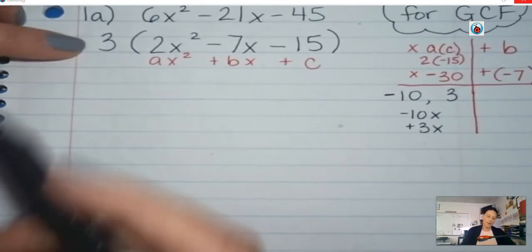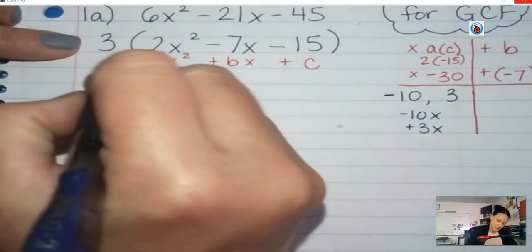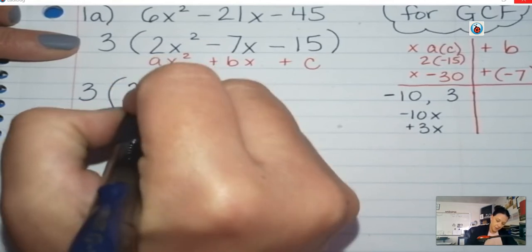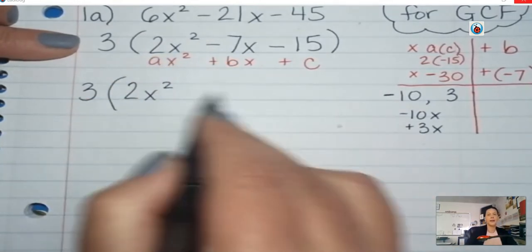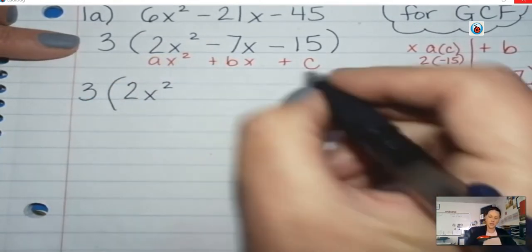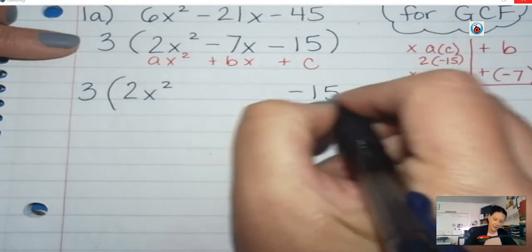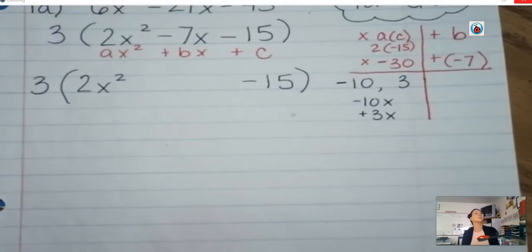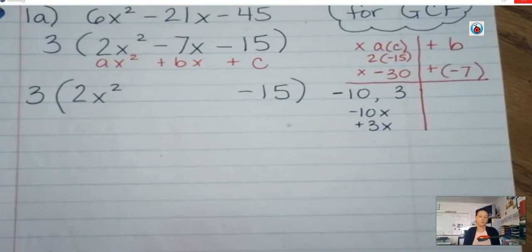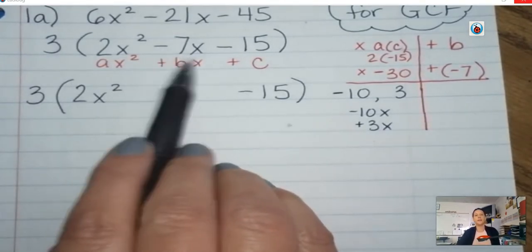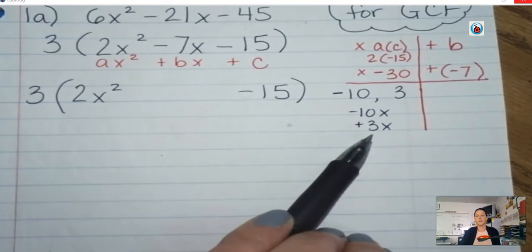Okay, I'm going to bring down 2x squared. I'm going to leave a big space because I'm going to write down two numbers there, and then the minus 15 will be at the end. So I'm splitting up negative 7x. It's going to be negative 10x and positive 3x.